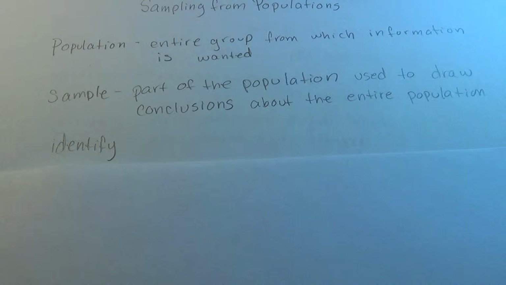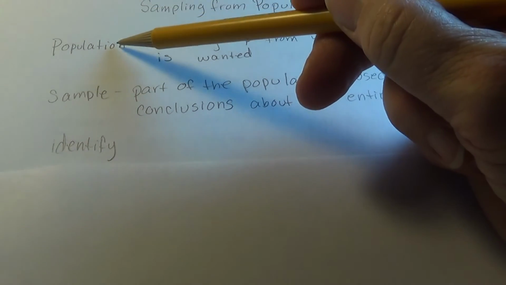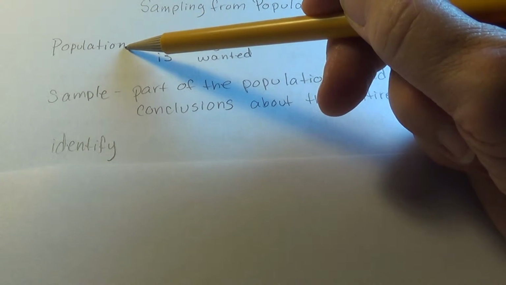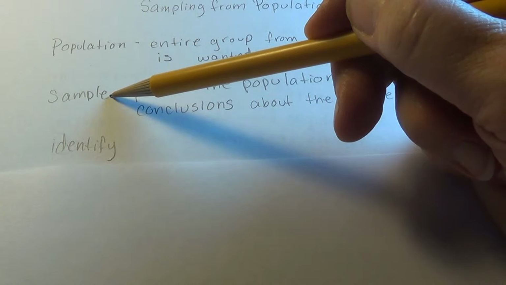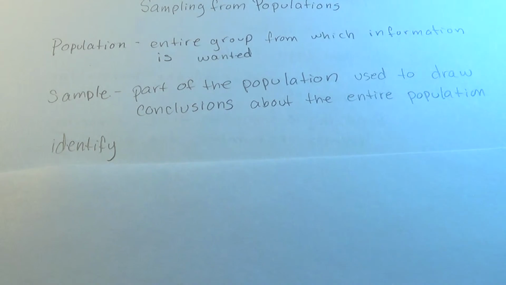I pull out 5 pieces of wood and test them for moisture content. If any one of those 5 has more than 10% moisture, I'm going to send the whole batch back. What would the population be and what would the sample be? The population is all the pieces of wood in one batch, and the sample is the 5 that I chose to test from that population.